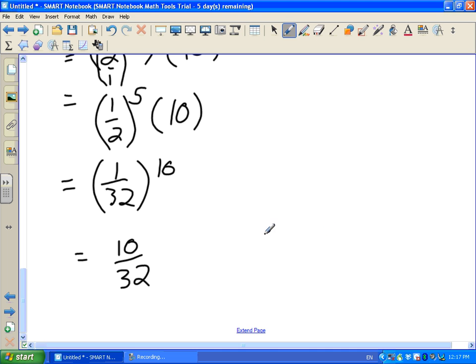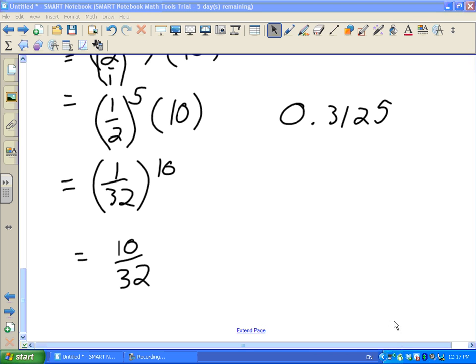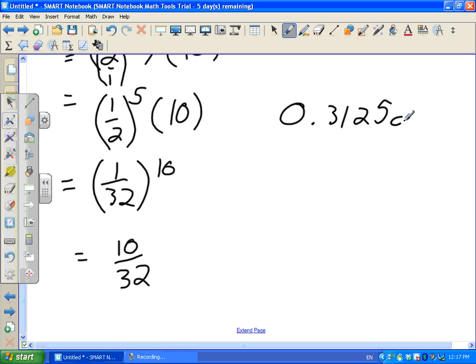What is 10 divided by 32 as a decimal? Anyone have a calculator on them? 0.3125. So after 28,500 years, there is 0.3125 grams of carbon-14 left over.